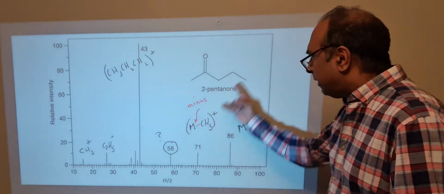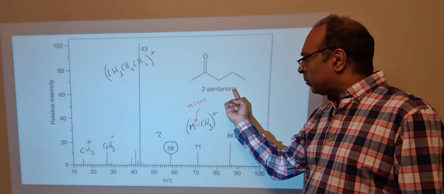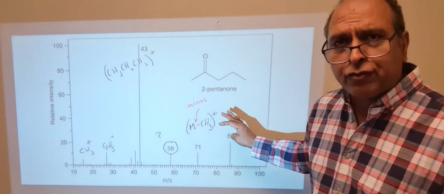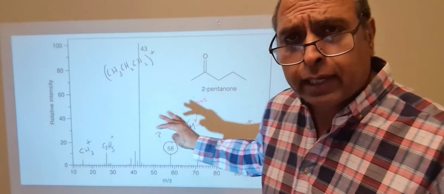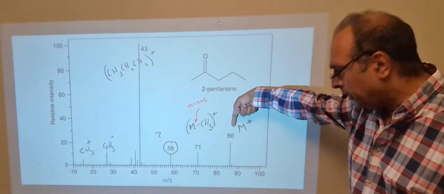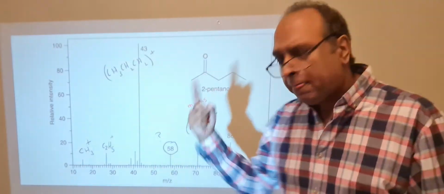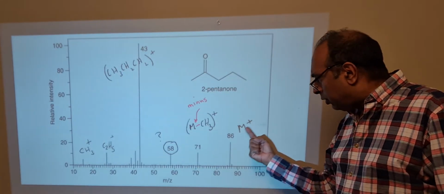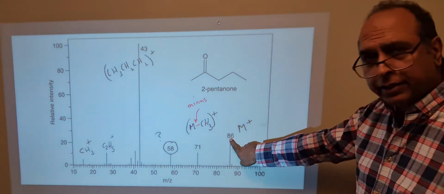Now, this was the sample, 2-pentanone, and I've tried to identify the peaks for you. The first peak to look at is the last one. The last one is the molecule, positively charged, molecule plus, and the molecule plus is 86.